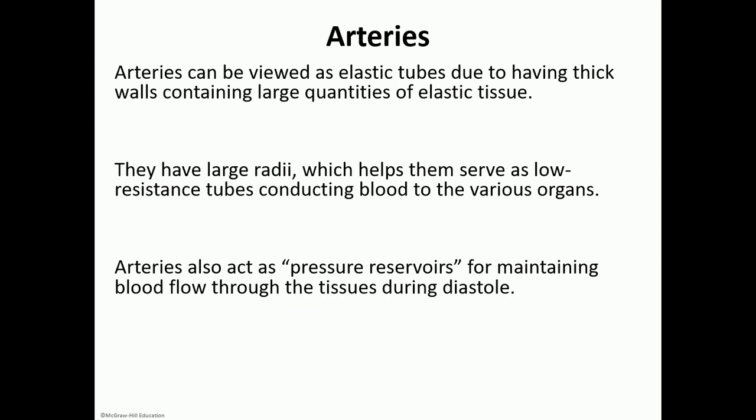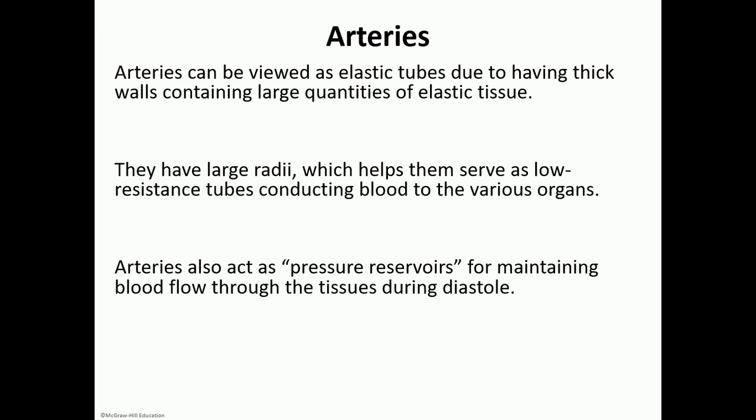So arteries, generally, you can view them as elastic tubes. They have those thicker muscle fibers that give them the ability to constrict and dilate. The external layer also has a lot of elastic fibers, and that elasticity gives it the ability to dilate, what is known as compliance.